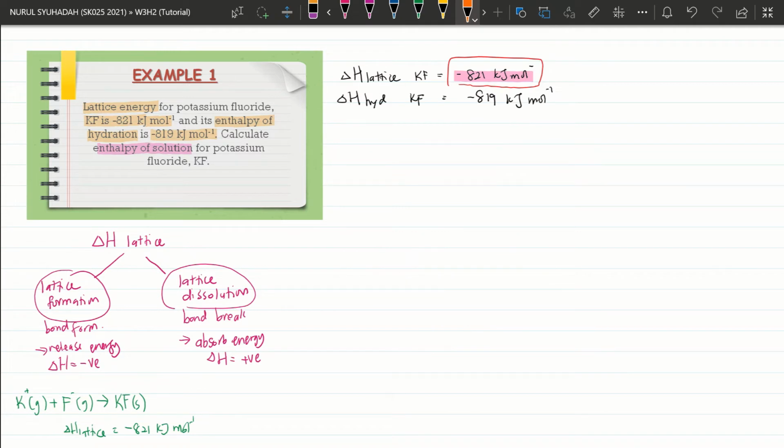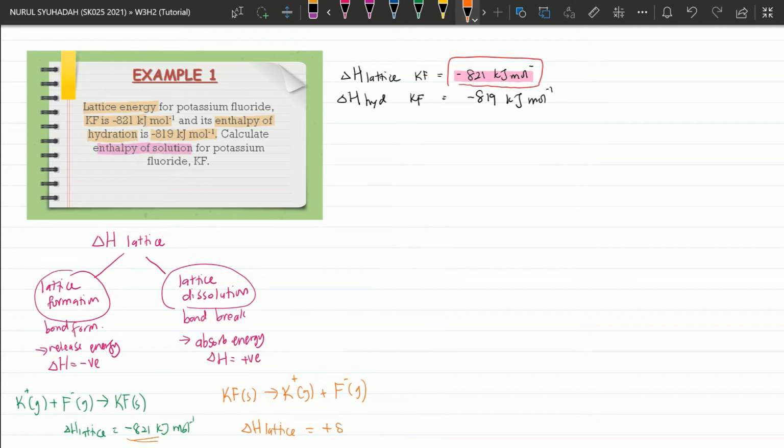Okay, so the process that we're going to use for this one is actually KF solid to become K+ gas plus F- gas. So since it's breaking some bonds over here, it will have a positive lattice energy and the value is the same.